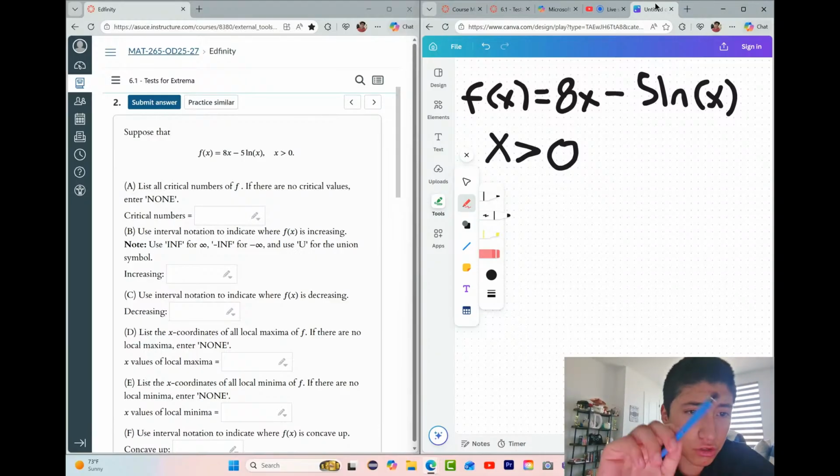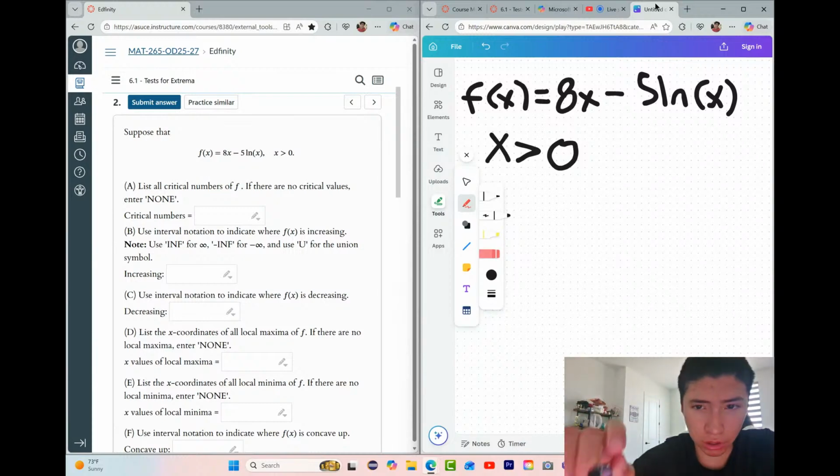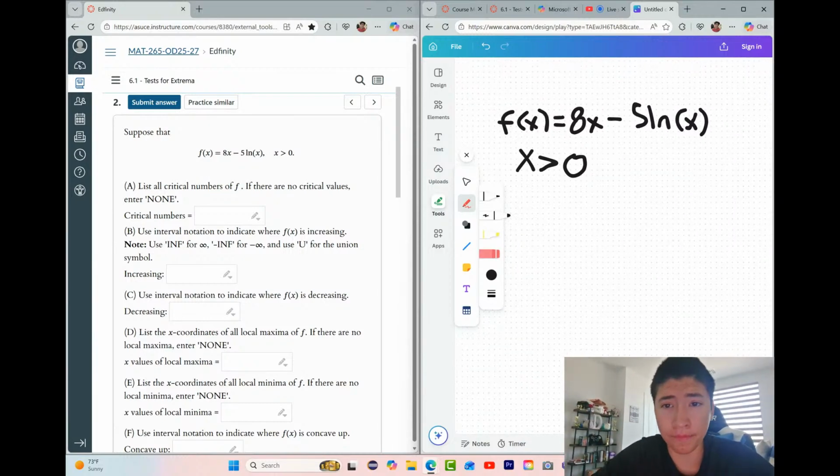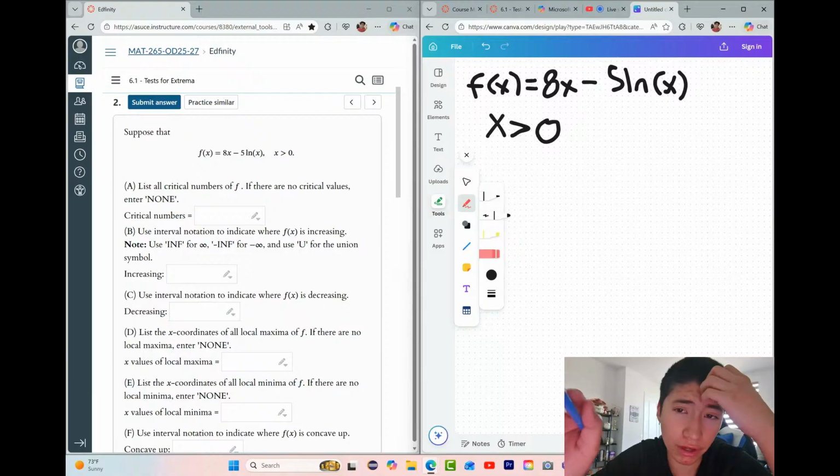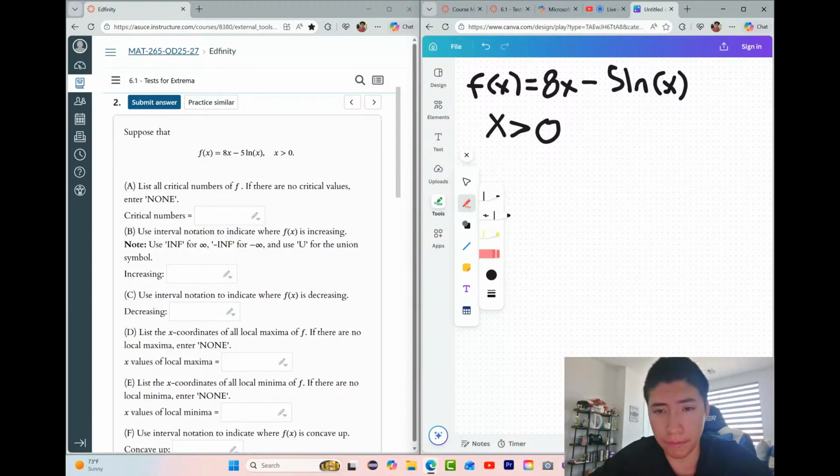So we got to list all critical numbers of f. Gotcha. Critical numbers. What I remember is that critical numbers are values of x that make f prime of x equal to 0, or undefined, but that these values are defined for f.